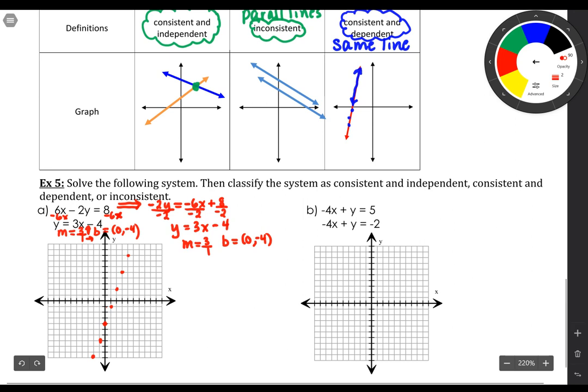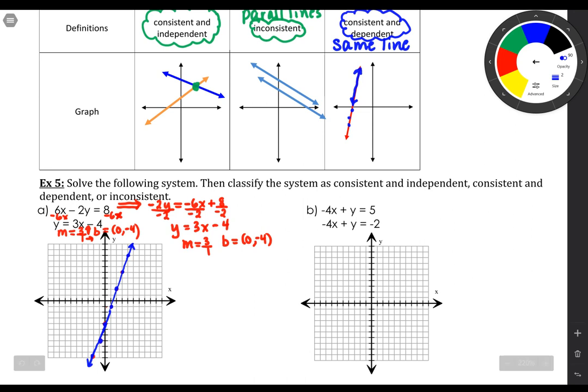Okay, the second line, I'll do it in a different color. You start at 0, -4, and you go up 3, right 1, up 3, right 1, up 3, right 1. Well, look at here. Here's a line where two lines are just right on top of each other. So it's the exact same line. So when you're graphing it, you end up with the exact same line.